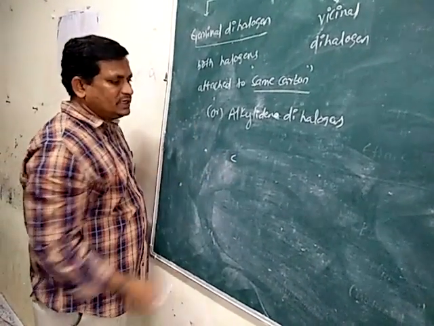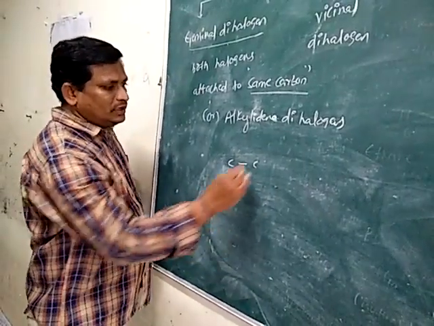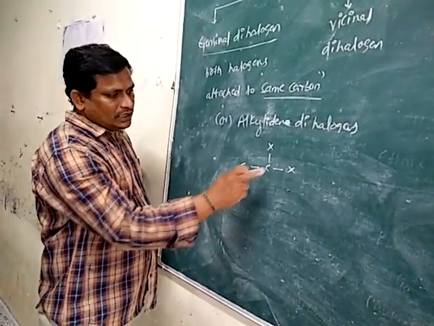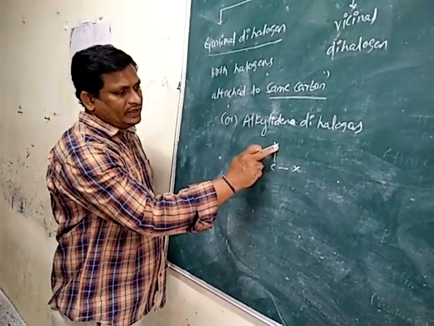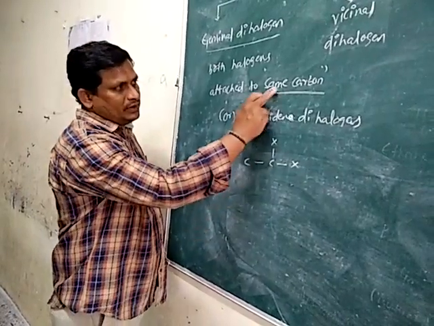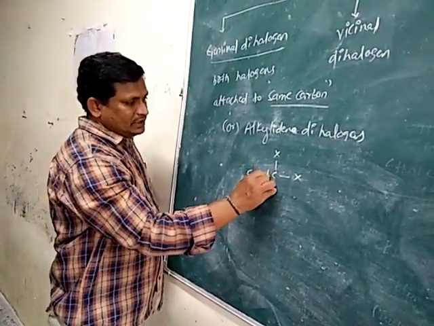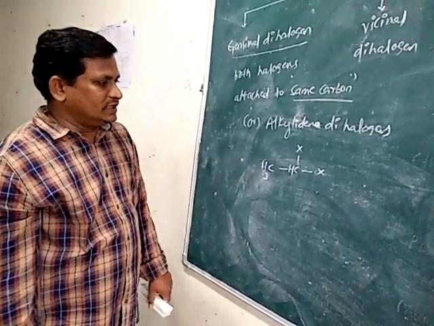For example, it is a carbon with X and X. Now in this compound, two halogens X and X attached to the same carbon are called geminal dihalides. The remaining valency is satisfied with hydrogens.